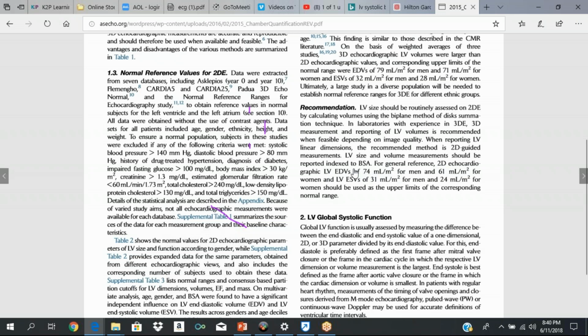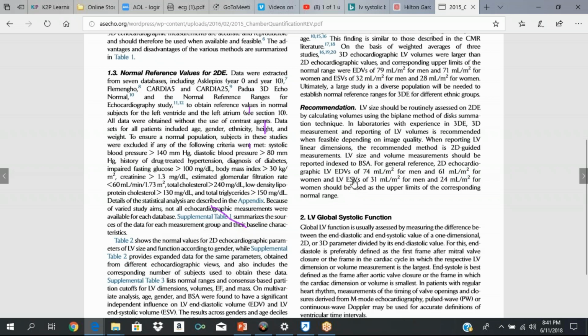This is a normal value for males. You index it, so the volume that you get, you divide by the body surface area. For females, it is 61 mLs per meter squared.